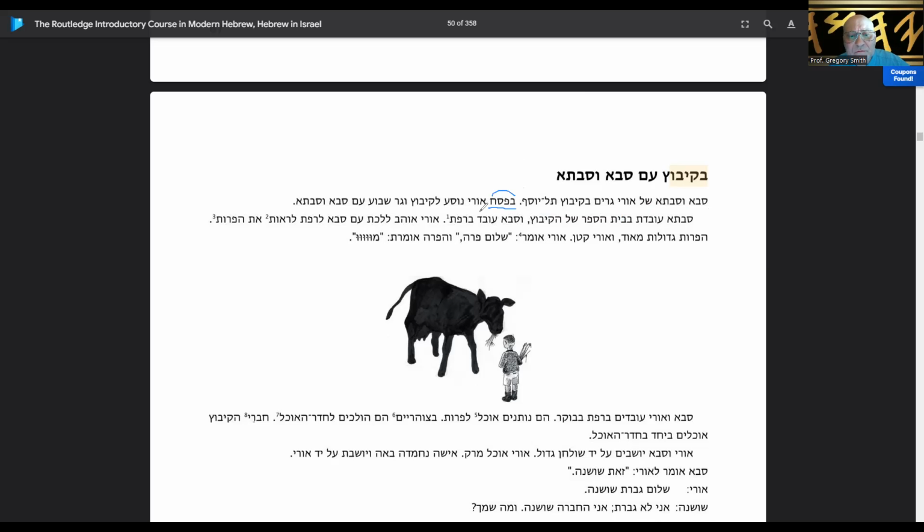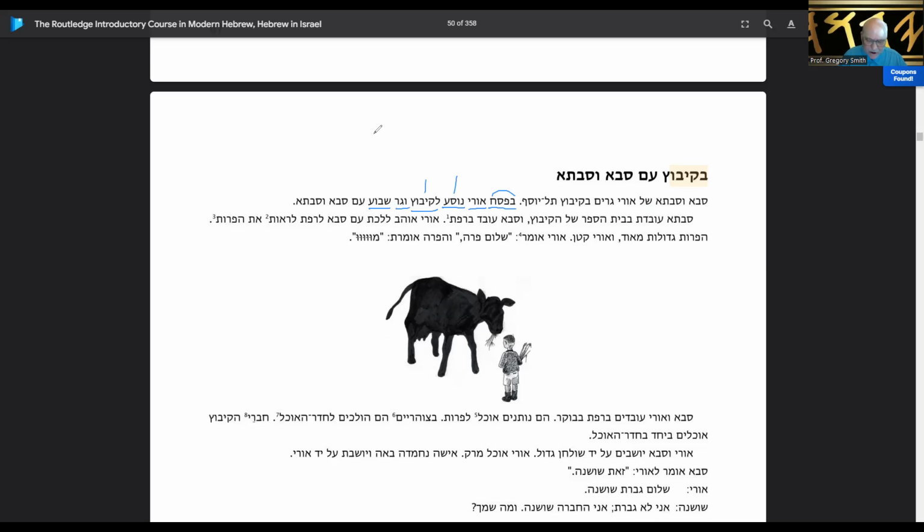Okay, so on Passover, Uri nosea, this is traveling by conveyance, la kibbutz, to the kibbutz, v'gar, and dwells, Shavua, 7 days. I think v'gar Shavua would be like dwells the week. V'gar Shavua, im Sava v'savabta.